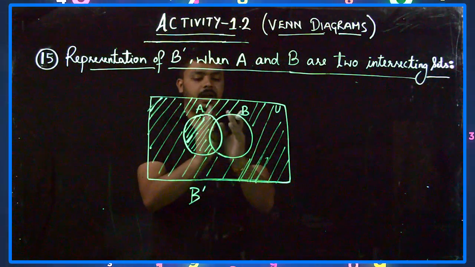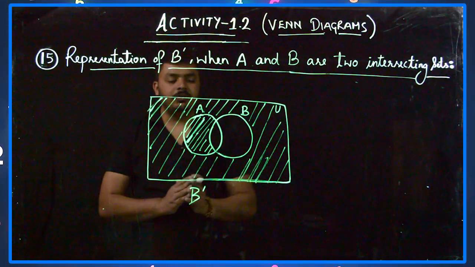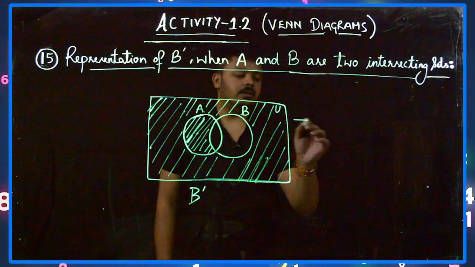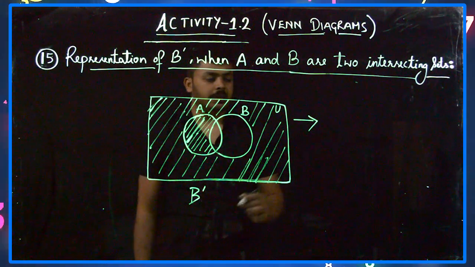All the elements of the universal set except all the elements of B and all the elements that are common between A and B denote B complement.